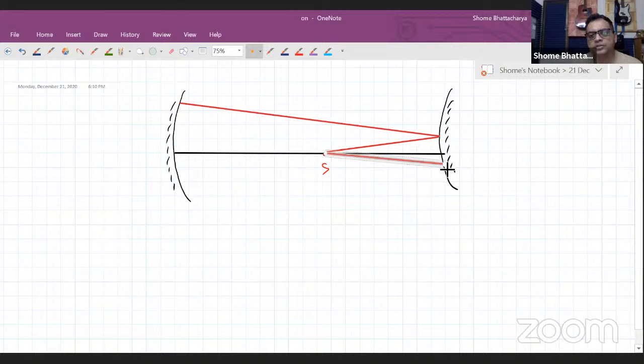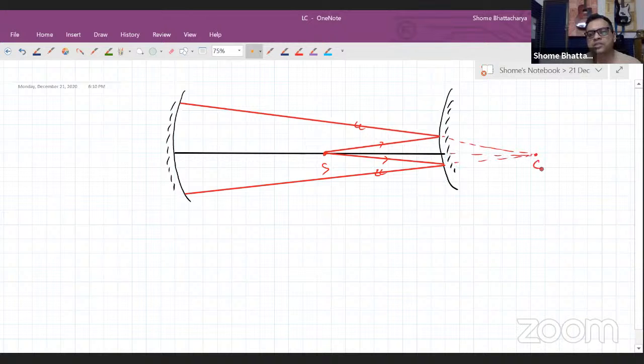They are incident on the convex mirror and then on the concave mirror such that they make normal incidence. So these rays which are incident here appear to be coming from this point, which is the center of curvature of mirror A. This is mirror A and this is mirror B. Then they will retrace their path, and finally they'll retrace their path here also. So that's one possibility.